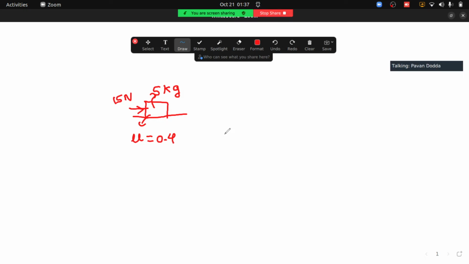Okay, Monet, first of all, the most important thing that we need to understand before solving this question is that the frictional force is a self-adjusting force. Yeah, frictional force is a self-adjusting force.